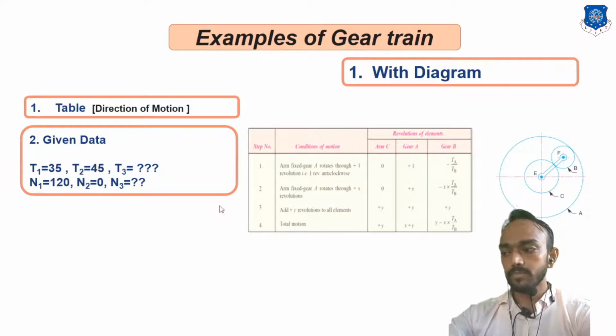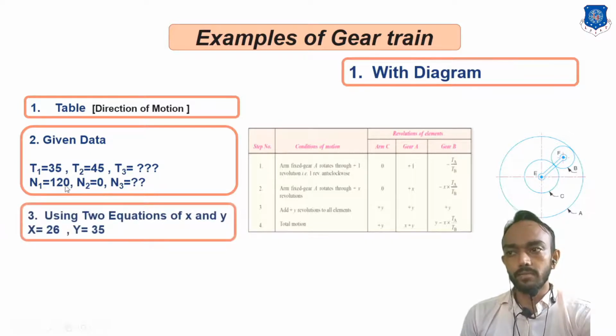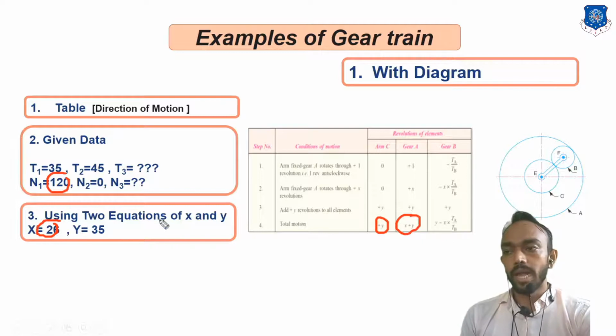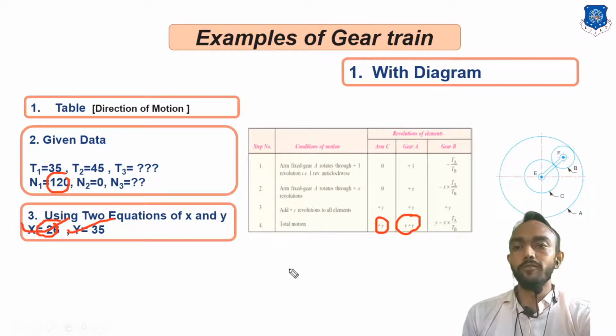After that, when you find the two RPMs from the given data, you will use this equation. Comparing these two RPMs for any two gears, you will find X and Y. The most important point: when you find X and Y, your example is almost complete.